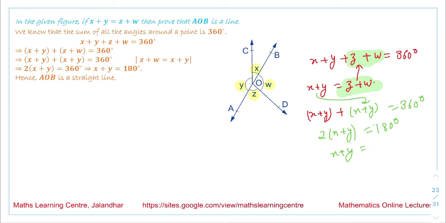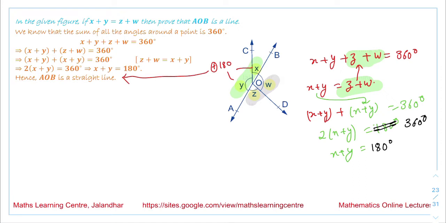It is not 180, it is 360 degrees. So we get x plus y is 180 degrees. So what we are saying is that the sum of these two angles is 180. Similarly, the sum of these two angles is 180. So if the sum of x and y is 180, it means that AOB is a straight line.